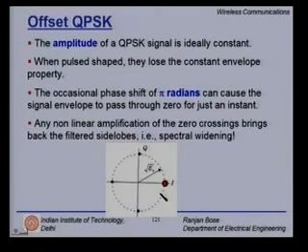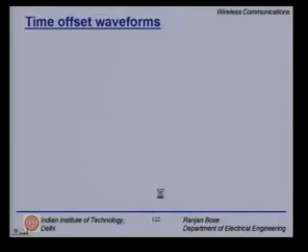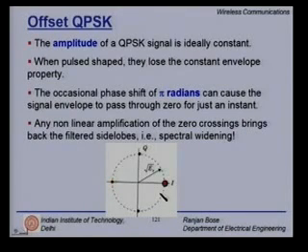So, here in this case it is only a 90-degree phase shift. However, if I am here, I can go to another 180-degree pi radian phase shift. Again, I am jumping. So, in QPSK, I can either have a 90-degree phase transition or a 180-degree phase transition.